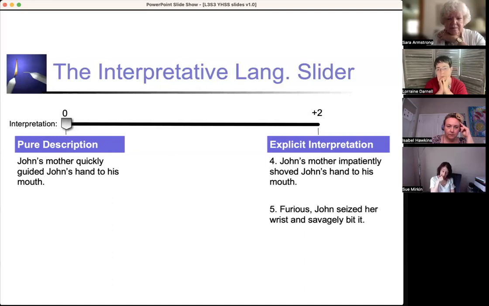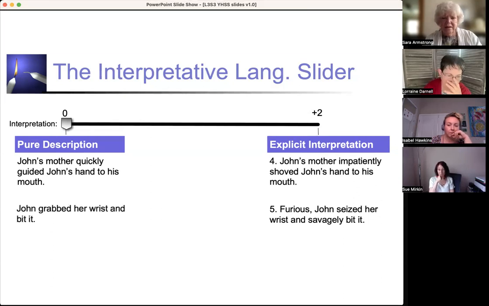Furious, John seized her wrist and savagely bit it. So now, seized and savagely bit, those are two verbs, but those particular verbs carry with them a sense of interpretation. It's not just she grabbed and bit or put in her mouth or something like that. We're getting the seized and savage as explicit interpretation in the language.